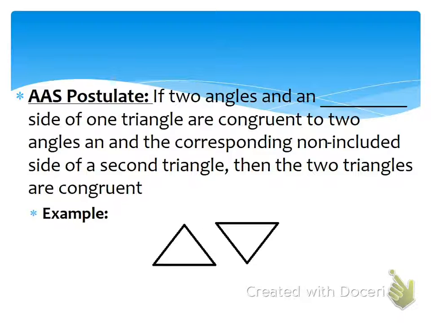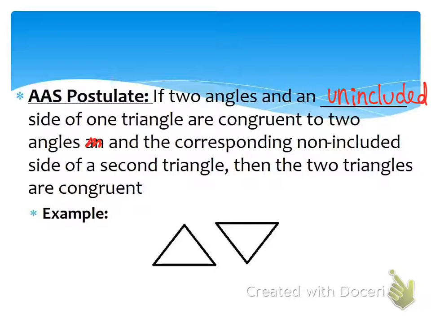If 2 angles and a non-included side of one triangle are congruent to 2 angles and the corresponding non-included side of a second triangle, then the 2 triangles are congruent.